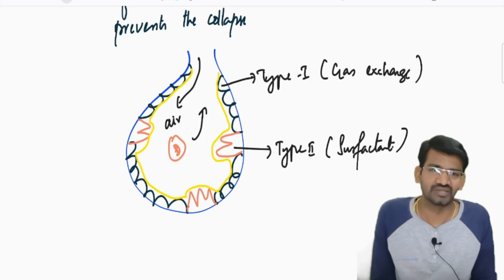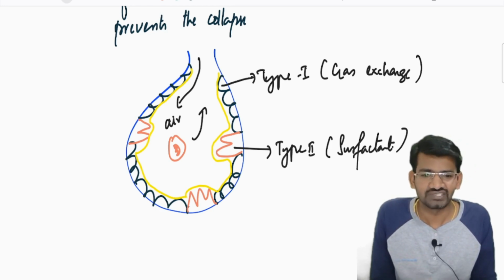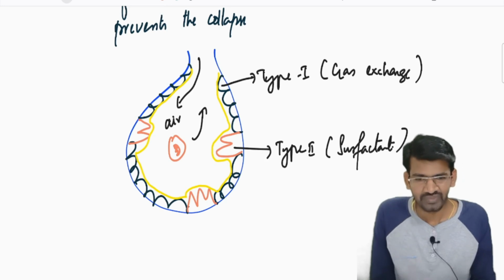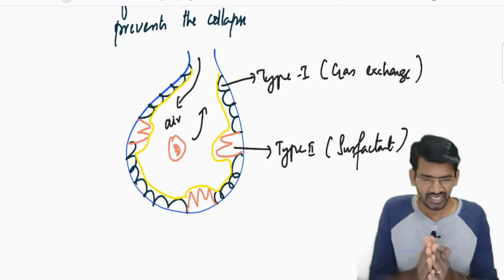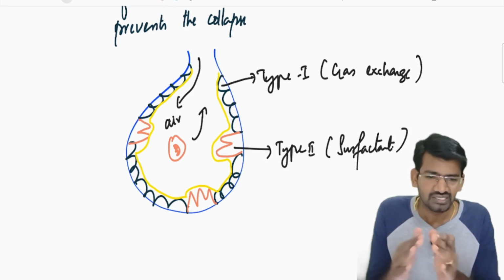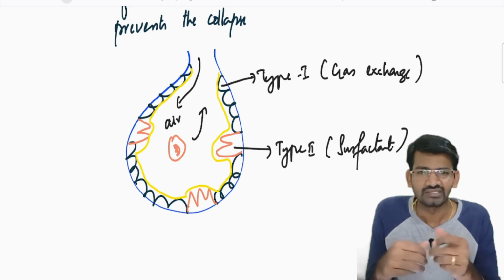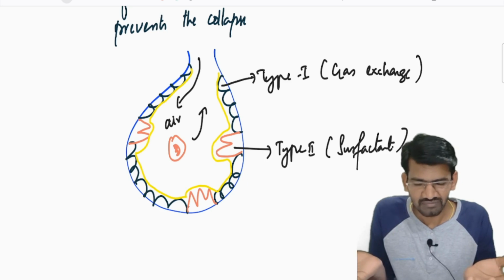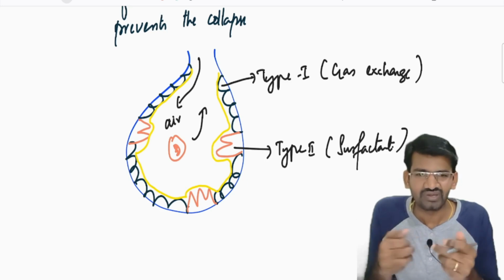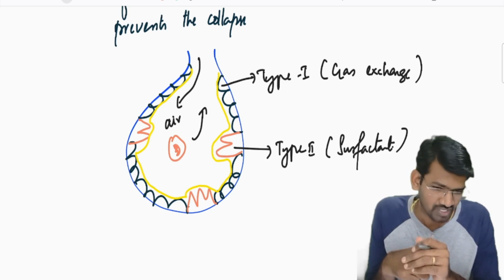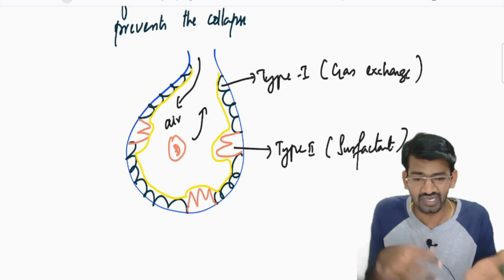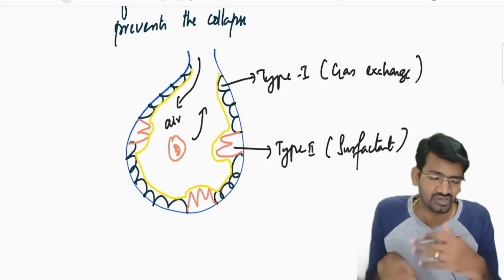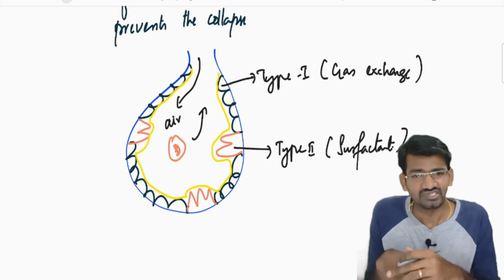Just think what happens if there is no surfactant in the alveoli. The alveoli collapse, then the air will not enter the alveoli, no exchange of gases will take place, and the body will not get oxygenated blood. The oxygen will not be exchanged into the circulation, and carbon dioxide will not be exchanged out.